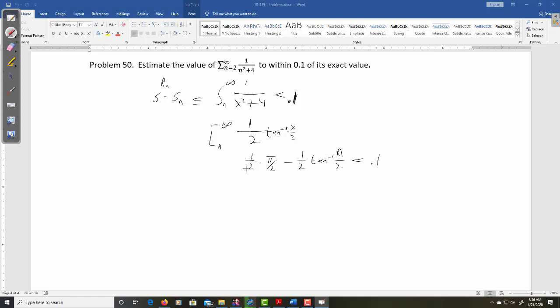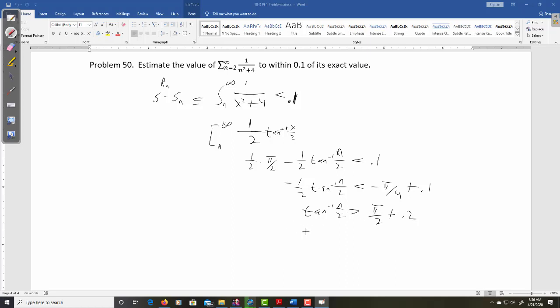Do some solving. We take this over to the other side. So negative 1/2 inverse tangent n over 2 is less than negative pi over 4 plus 0.1. Multiply off the negative 2: inverse tangent n over 2 is greater than, because I multiplied by a negative, pi over 2, because we multiplied by 2, plus 0.2.